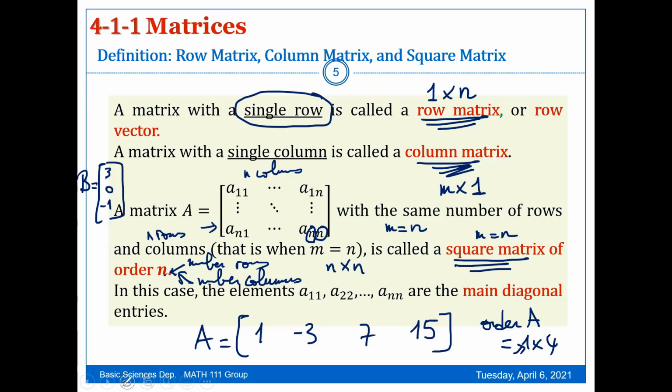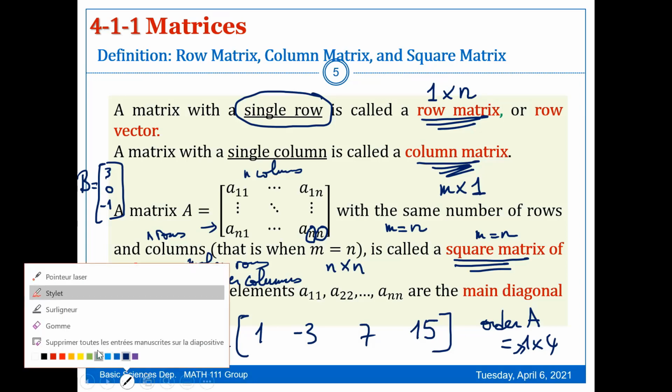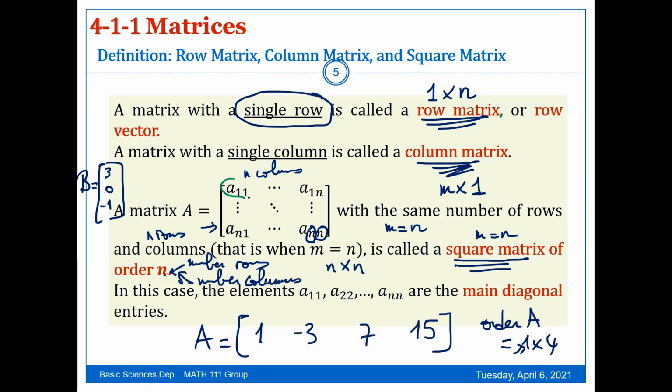These special elements, A11, A22, A33, where the index of the row equals the index of the column, are called the diagonal elements.